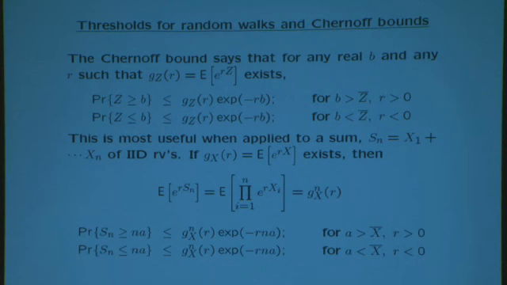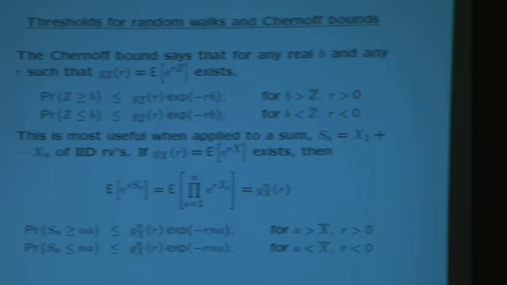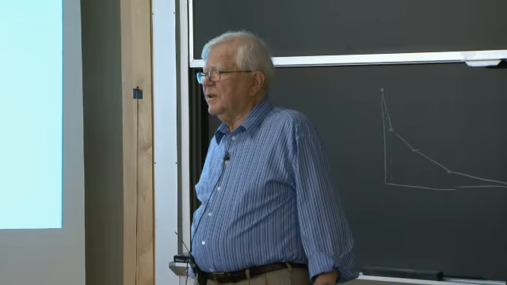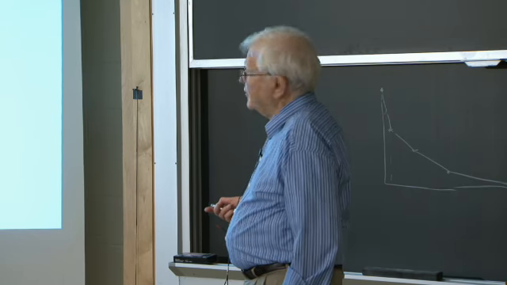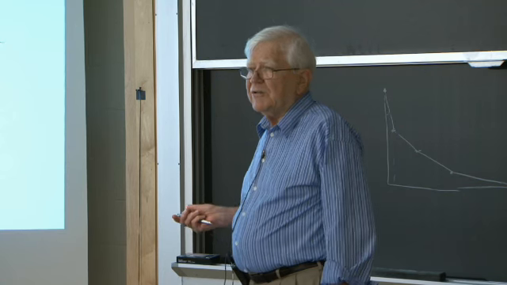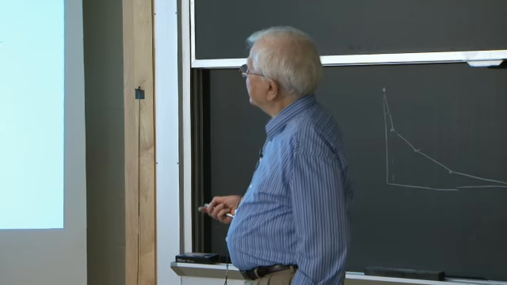Now, this is most useful when it's applied to a sum of random variables. I don't know of any applications for it otherwise. Incidentally, when people talked about moment generating functions before the 1950s or so, what they were always interested in is the fact that if you take derivatives of the moment generating function, you generate the moments of the random variable.